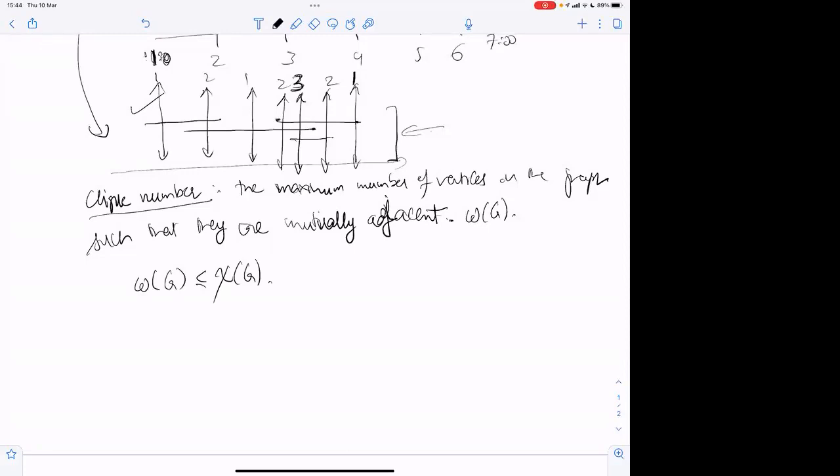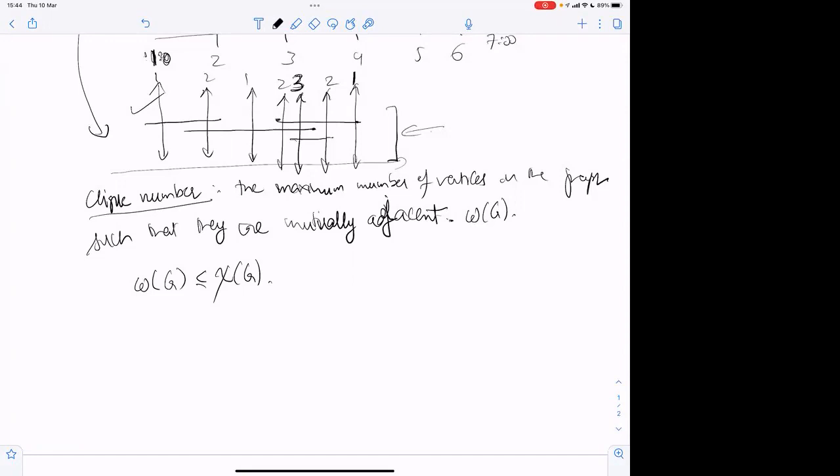Because all the vertices of a clique must be colored differently. So a clique is a witness to the fact that the chromatic number is at least the size of the clique. Correct? Okay.